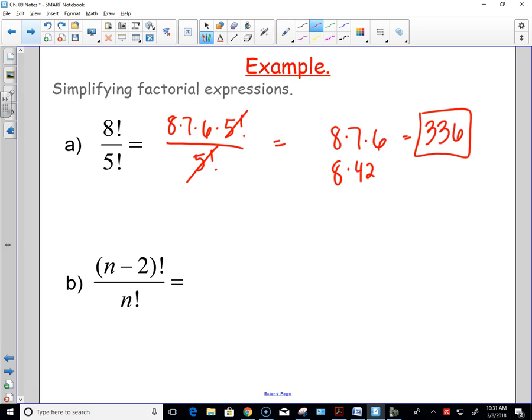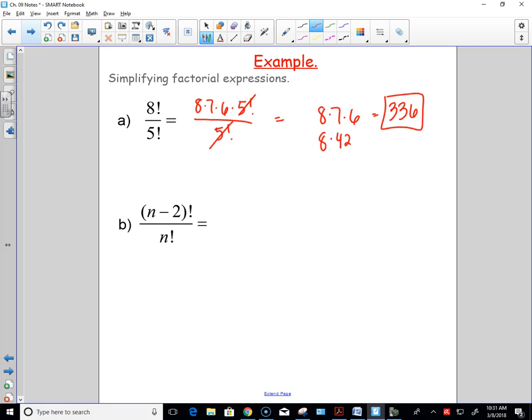Letter B. What do we do? Question, who's going to be stronger or bigger? Who's going to be stronger or bigger? Yes, the bottom one is bigger because the bottom one says, hey, I'll go all the way to n.